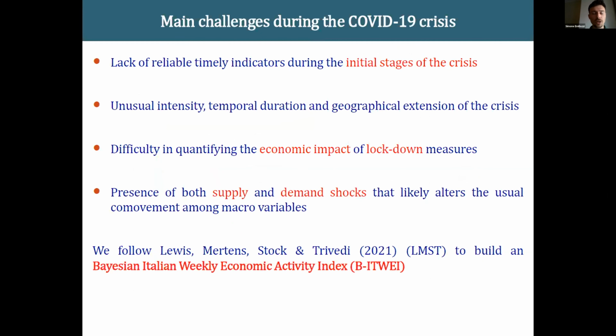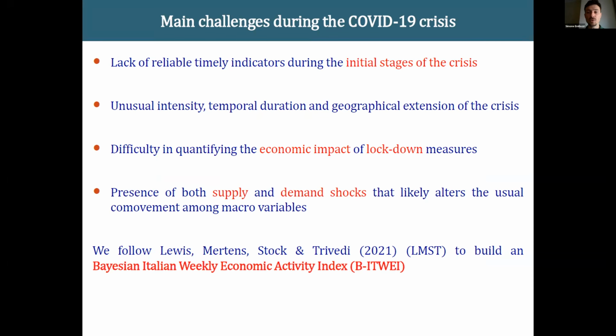And so this created a huge challenge in nowcasting economic activity during COVID times. In fact, at the early stage of the pandemic, we didn't have data. It was very difficult to grasp the duration and the geographical extension of the crisis.